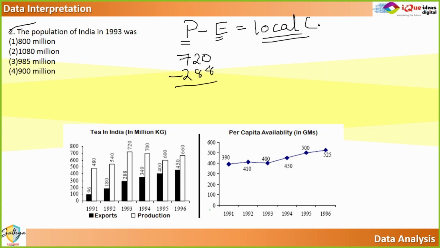Out of 720, if 288 was exported, then the amount for locals is 432. Did you get that? 432.